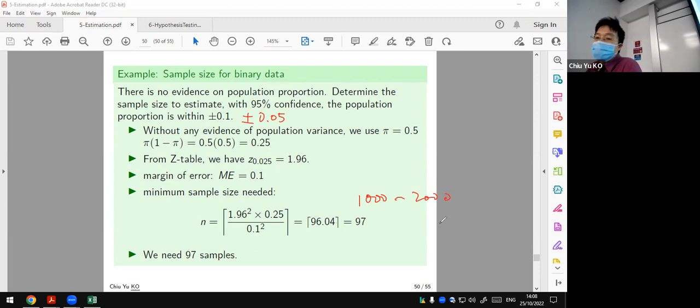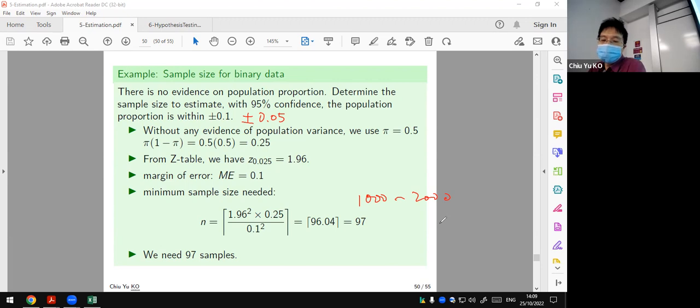Even though the US has a very big population, in the US and the UK polls they don't make much difference. They always ask 1,000 or 2,000 people, even though the US is much bigger than the UK. The reason is like this. Is that clear? When you do things in Hong Kong, they also use similar sample sizes. The size of the population is not really a matter here.